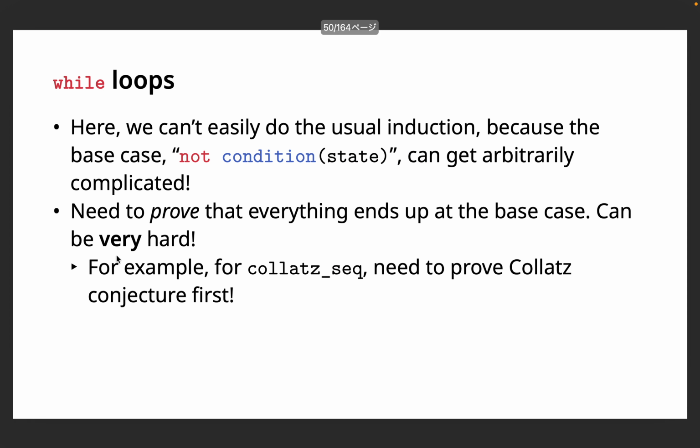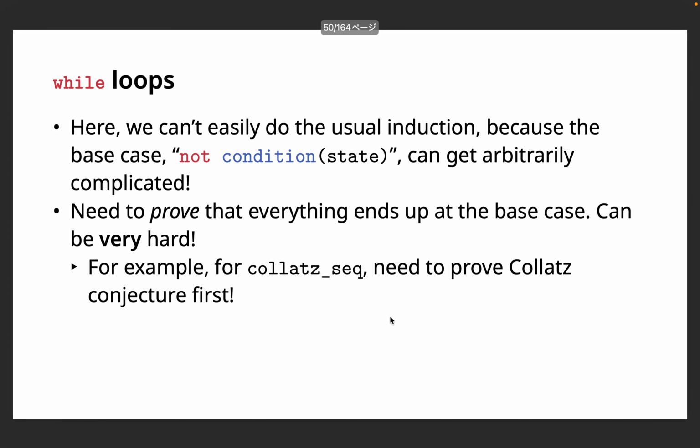For example, for the collapse example a while ago, in order to figure out when this actually ends, we need to prove an unsolved problem first. This conjecture is, well, a conjecture. No one has actually solved it yet. So proving this condition can be very hard.